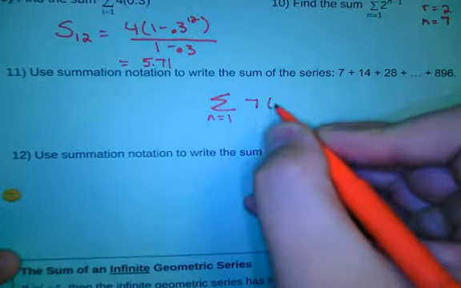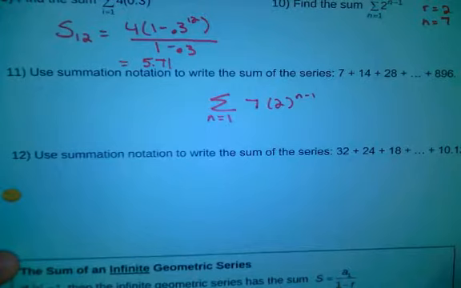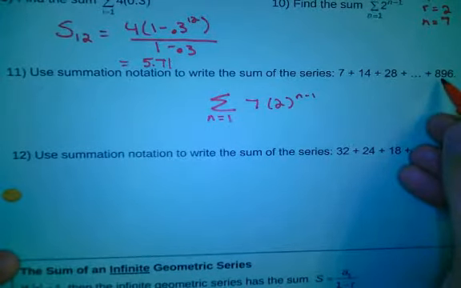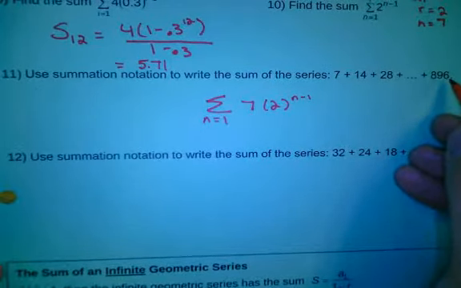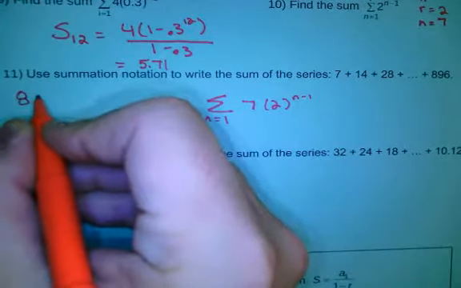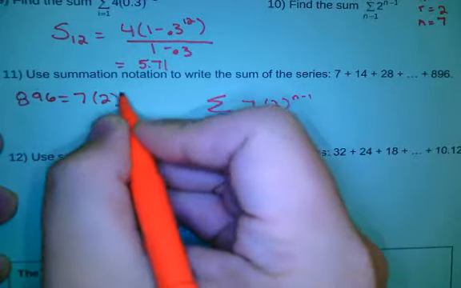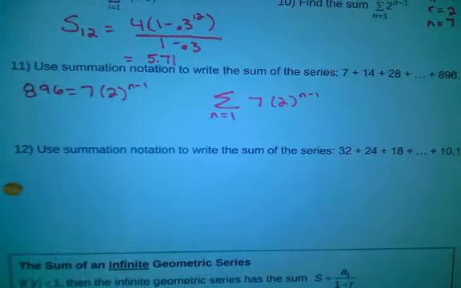Times 2. So it's 2 to the n minus 1. When do I get to 896? How can I figure that out? Well, you're going to do 896 equals 7 times 2 to the n minus 1, and we're going to solve for n.